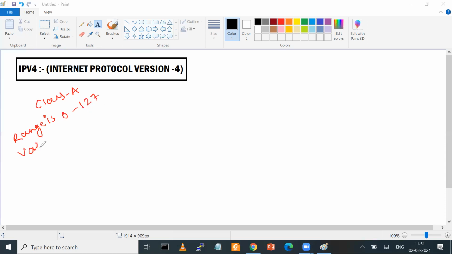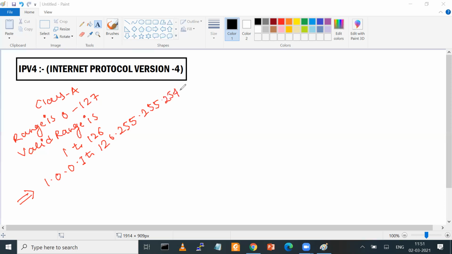Valid range is... if I write like this in octet format, so it is always B. So this is the range.